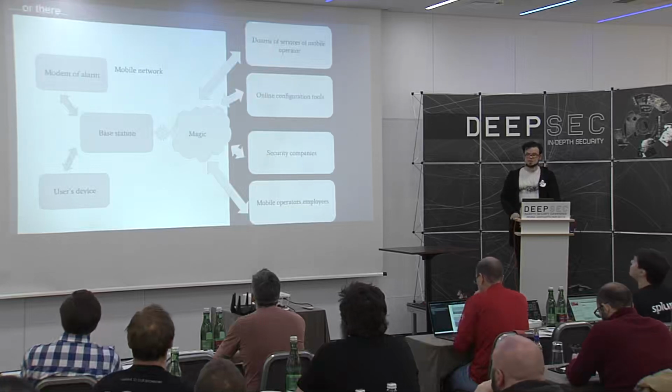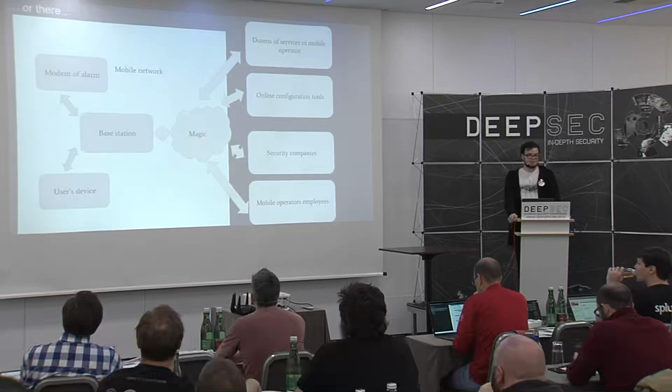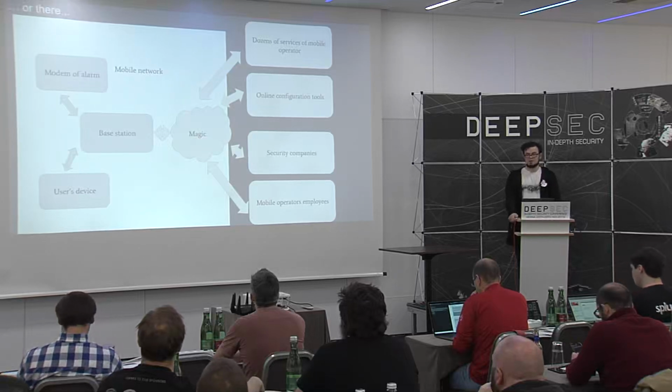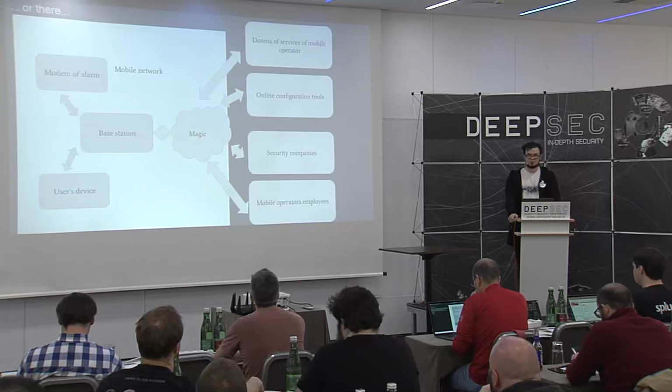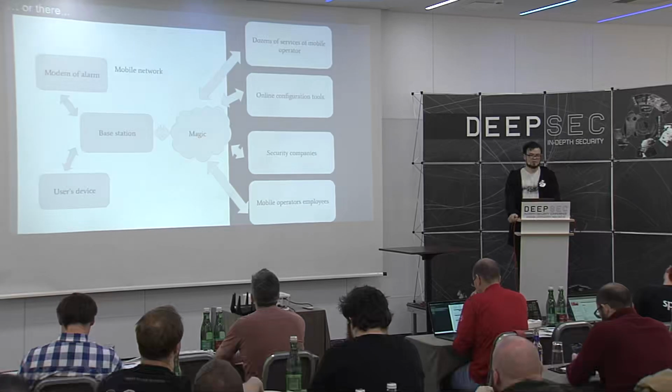Also, we have the other side. We have the mobile network with different base stations, different users' devices, and different magic inside the mobile network, like maybe government devices and devices from different companies. We have dozens of different services of mobile operators, and some online configuration tools for the GSM devices.